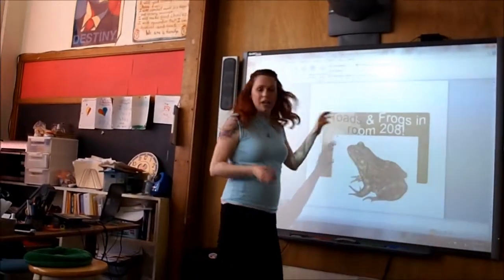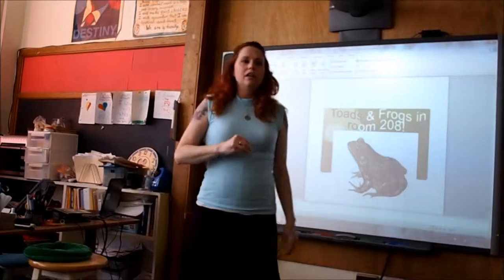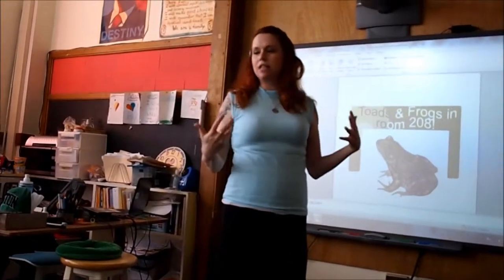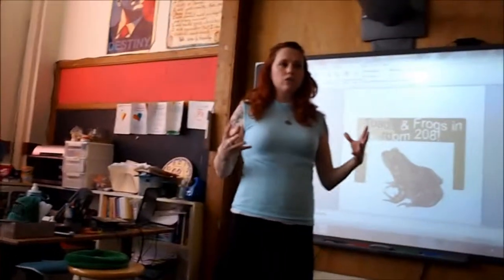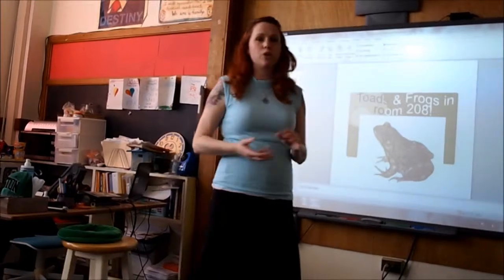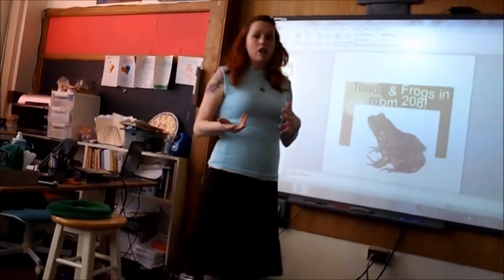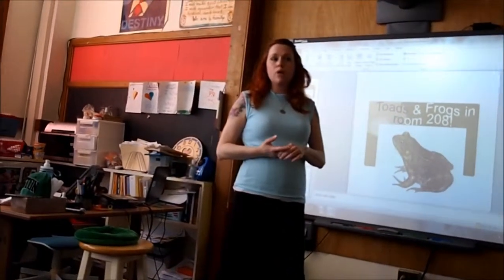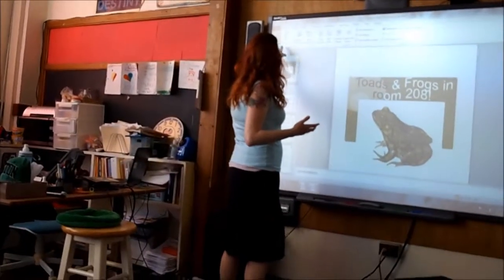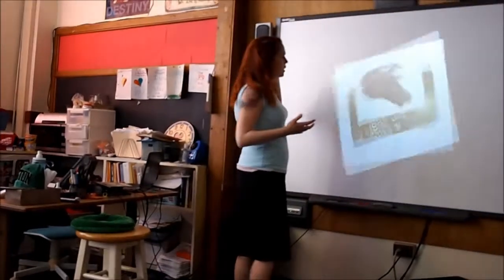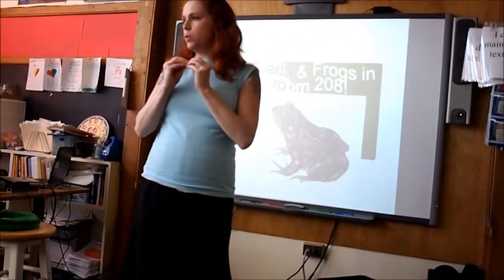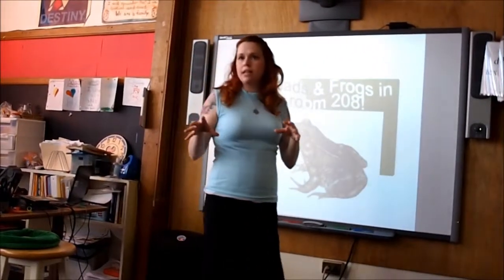So we're actually going to focus on toads, but our tadpoles might turn out to be frogs. I thought that might be a neat scientific thing to do, that once they're adults, we'll be able to tell if they are a frog or a toad, and what kind of frog or toad they are. Our chances are we're going to get a specific kind of toad. So that's what we're going to focus on today.